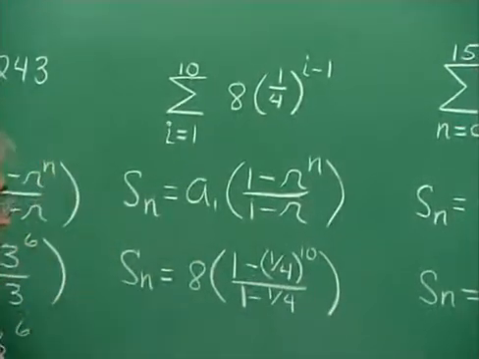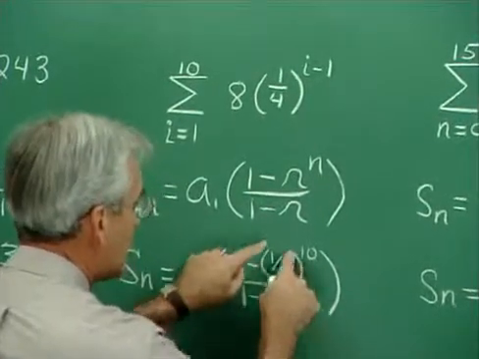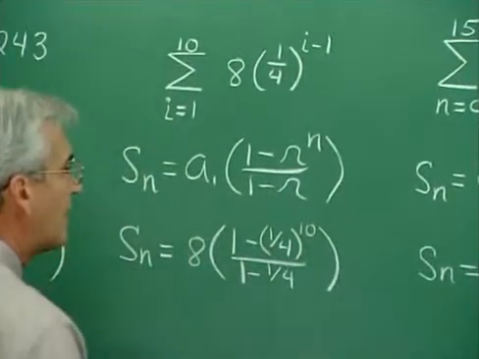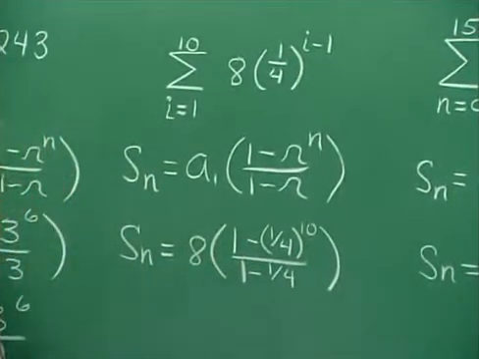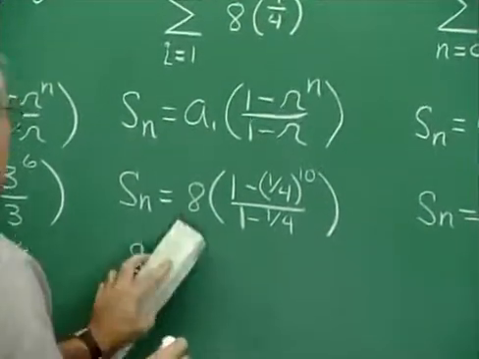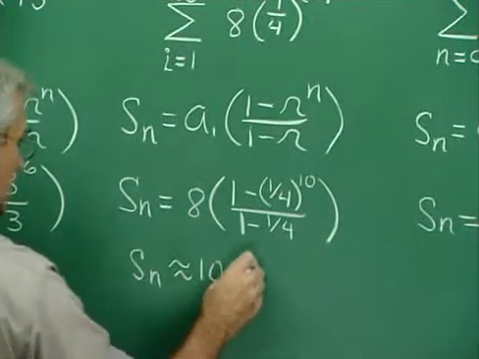So a lot of parentheses need to be in here. And to avoid the parenthesis that might be thought of as necessary right here, you might use 0.25 for 1/4. At any rate, when we find this sum, it turns out to be approximately 10.67.